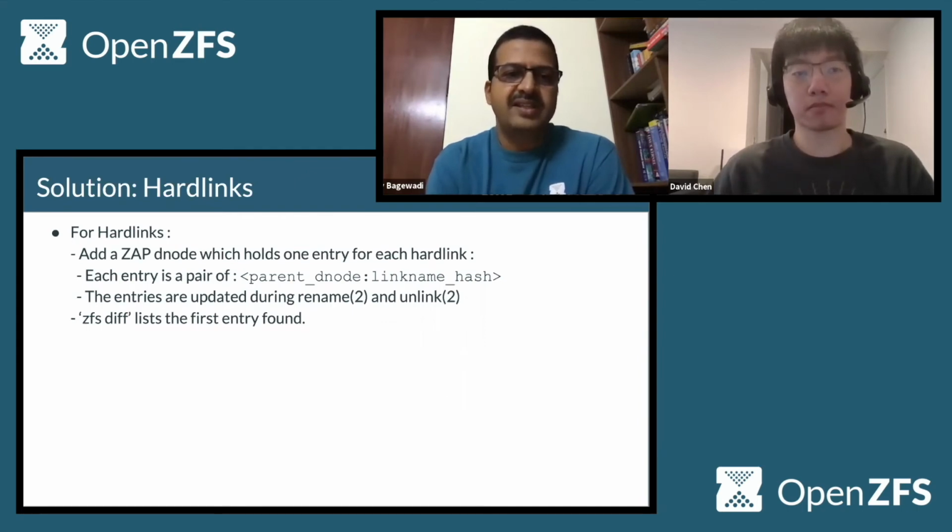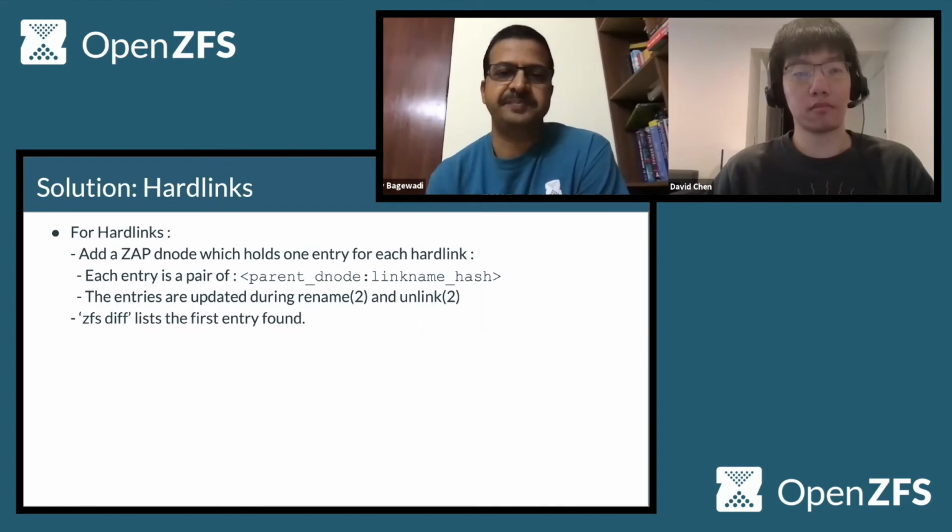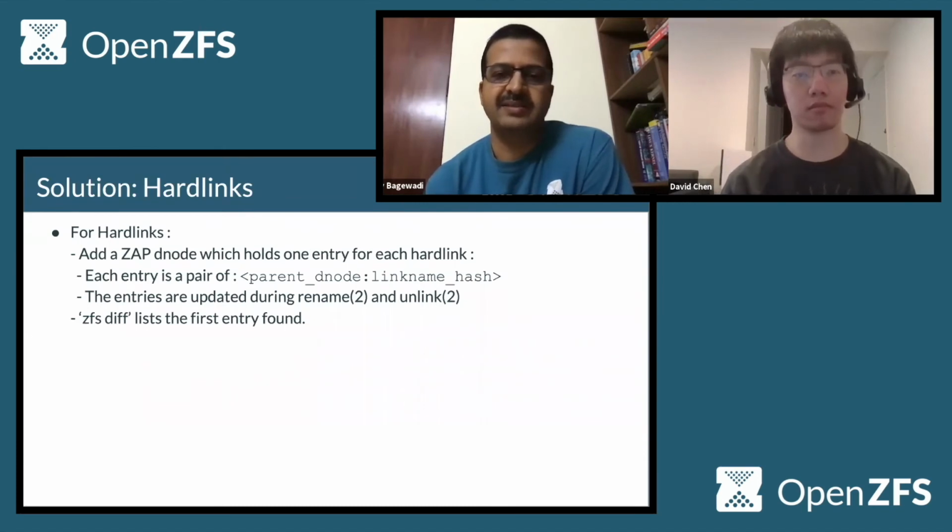Only in such cases would you have a ZAP dnode allocated, and in that ZAP, you keep a pair of these parent dnode and link name hash. So it's essentially a list of those, and we'll quickly see how that looks. Once you do this, it's easy because you have the entire list of parent directories that are pointing to this file and the corresponding link hash value.